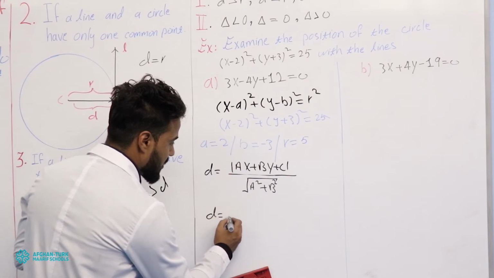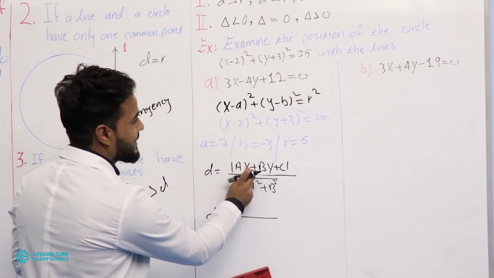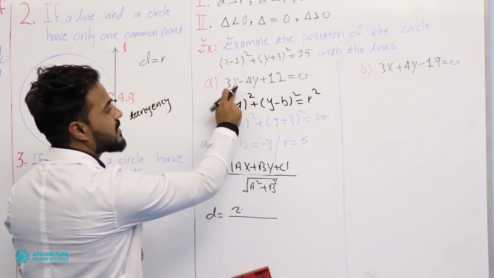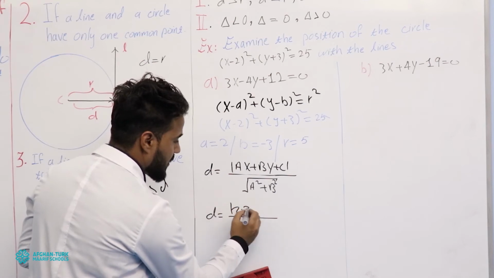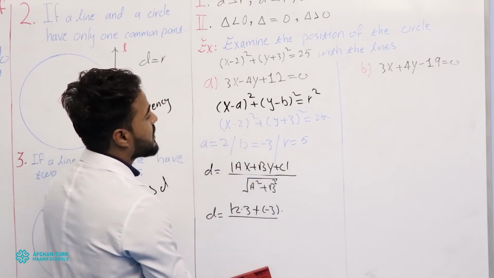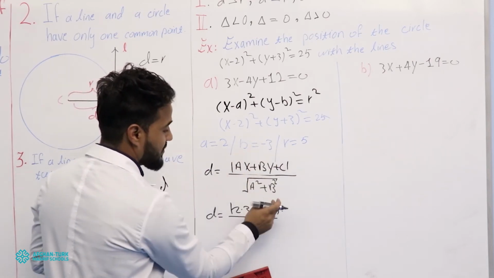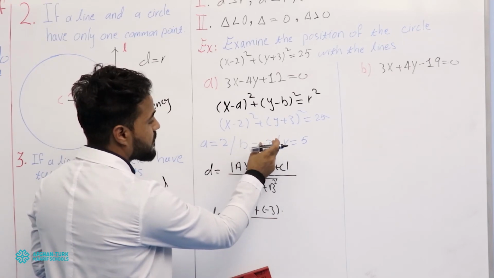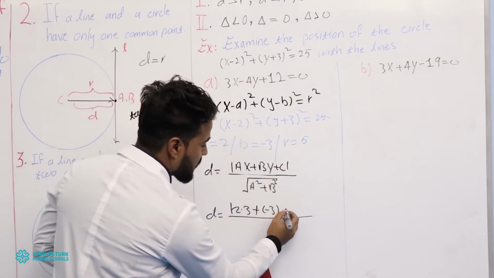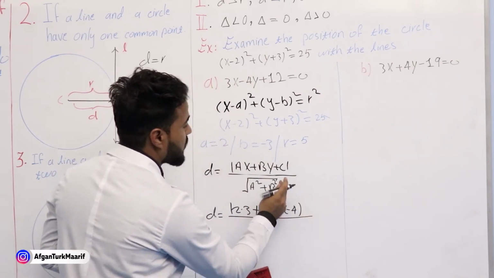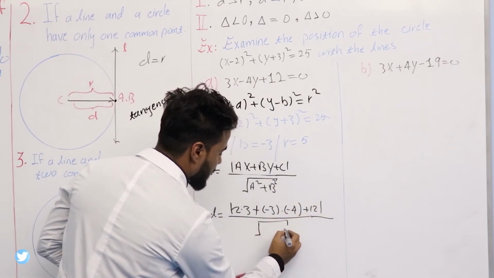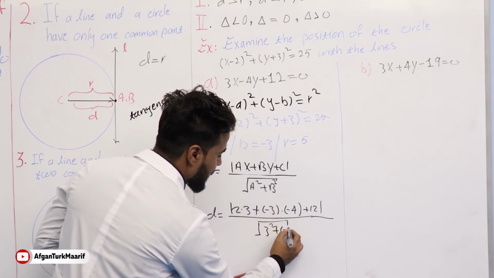So in here we have D equal to, a is the coefficient of x, so 2 times 2, plus b times y. I'm so sorry, y is equal to minus 3, b is equal to minus 4, and y is equal to minus 3. So minus 4 times minus 3. Also c is equal to 12, plus 12 over the square root of 3 square plus minus 4 square.